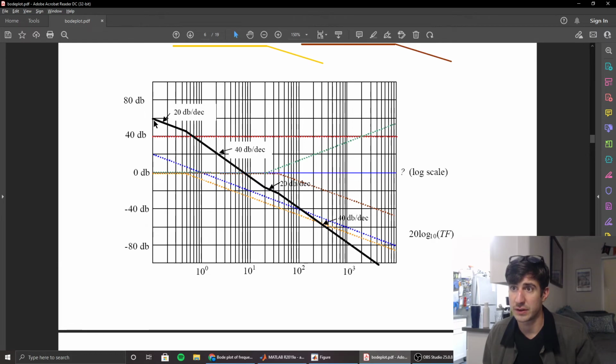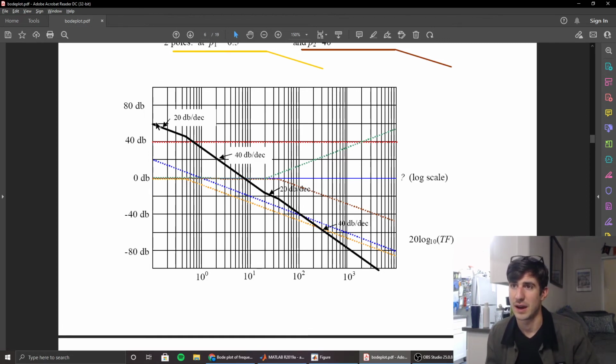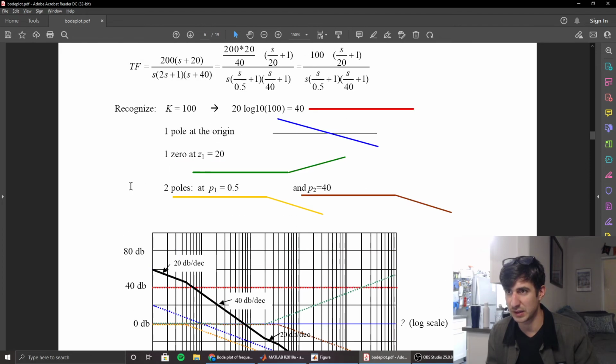This should be starting actually here. So, good to know that. I'm happy we caught that mistake. I wasn't sure really why this was starting at 60 to begin with. It should be starting at 40, and then you have minus 20 dB per decade, which is caused by the pole at the origin.